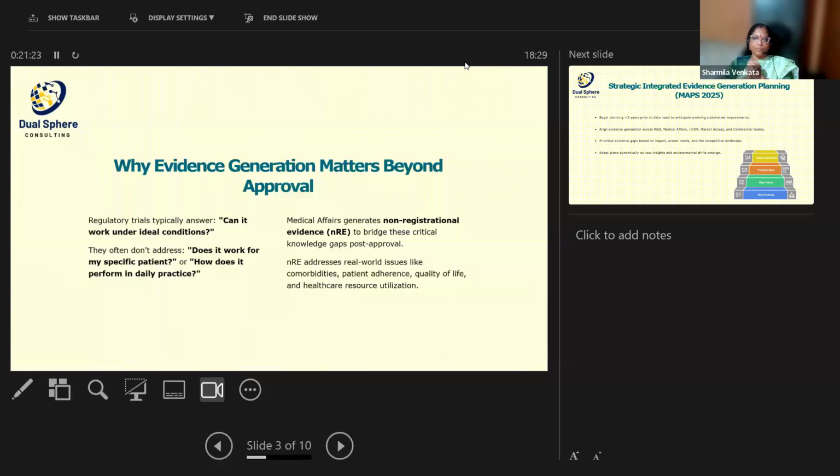So, in short, regulatory trials tell us if it can work. Non-registrational evidence tells us how it does work once it's in a messy, complex real world. Both are essential for truly understanding a therapy's value.